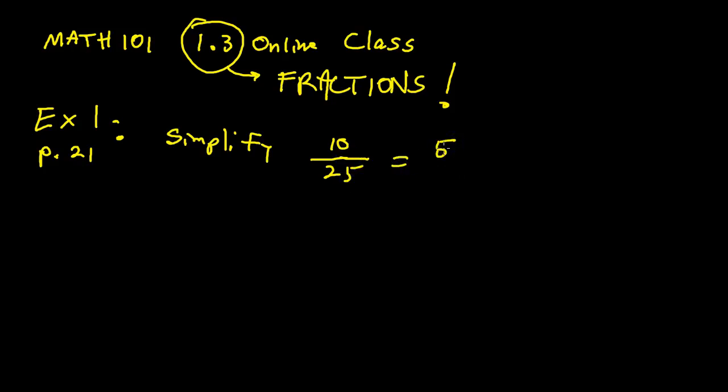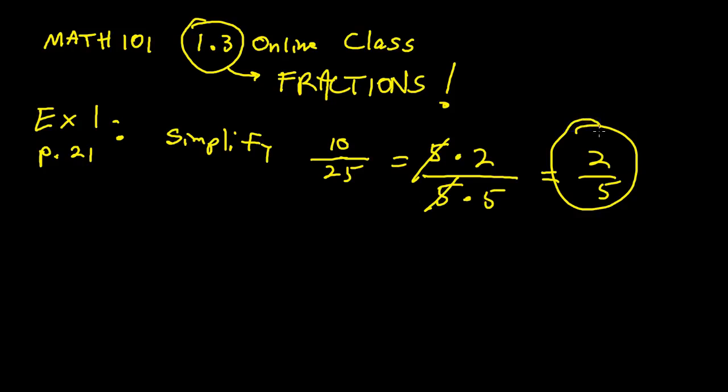Let's see, the greatest common factor of 10 and 25 is 5. So I can claim 10 upstairs is 5 times 2, and 25 downstairs is 5 times 5, and I can cancel out the common 5s, hence left with a simplified answer of 2/5.